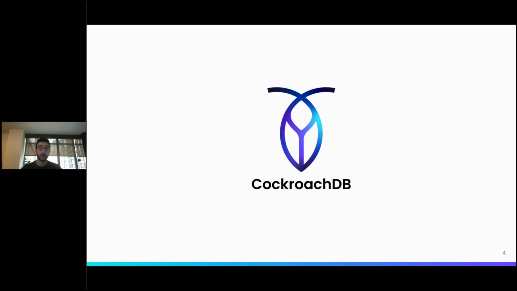Cockroach is typically deployed on commodity hardware by enterprises or other application developers, or by Cockroach Labs, the company itself, in a managed service. But it can't rely on having the atomic and GPS clocks that Spanner does. This actually shaped some of the architecture of Cockroach, and it's one of the core reasons for some of the architectural differences between CockroachDB and Spanner. We'll start to see that as we go through these next few slides.